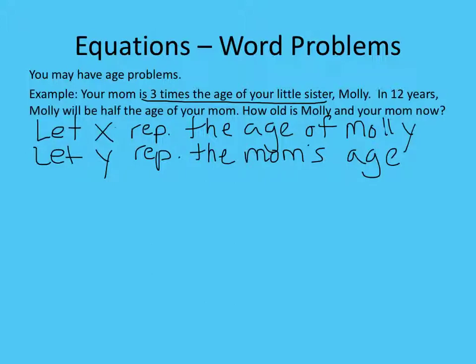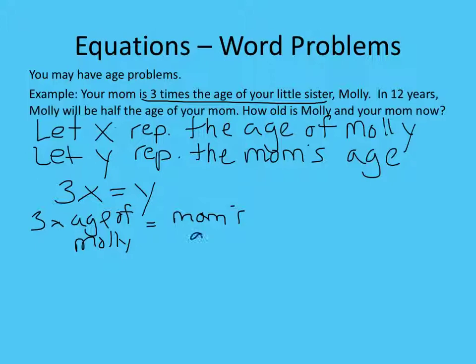Okay. So that means that 3 times the age of the little sister is the age of the mom. And if you wanted to write it in words, you could do that. 3 times age of Molly equals the mom's age. Okay? And we're going to use this to help us solve. So that's one relationship we have.